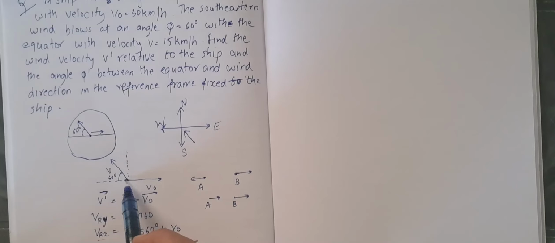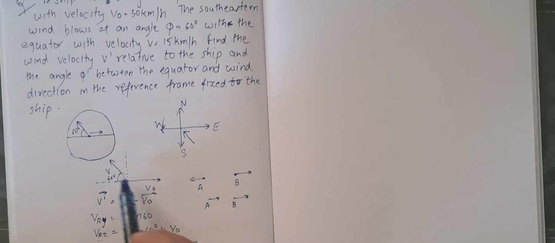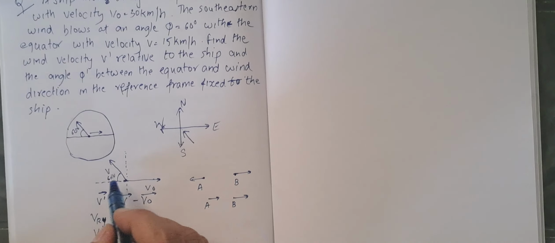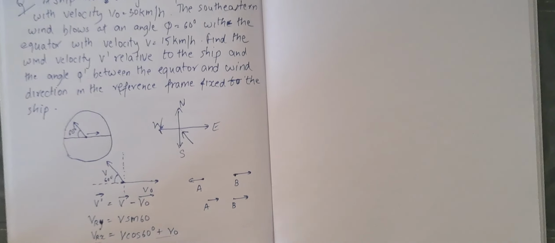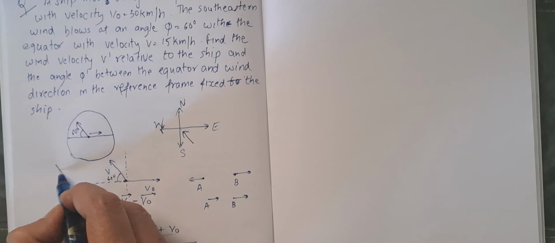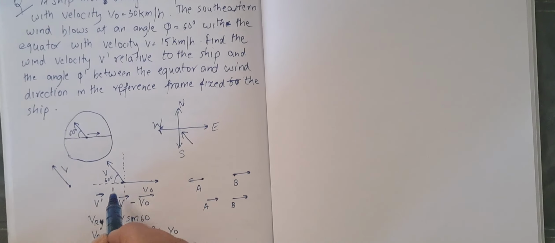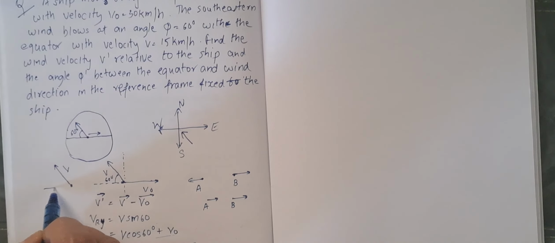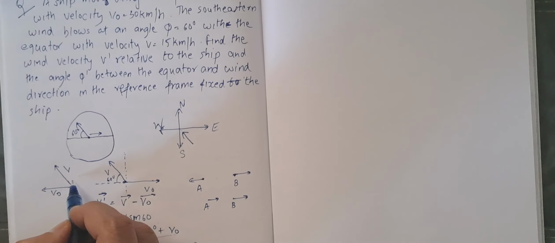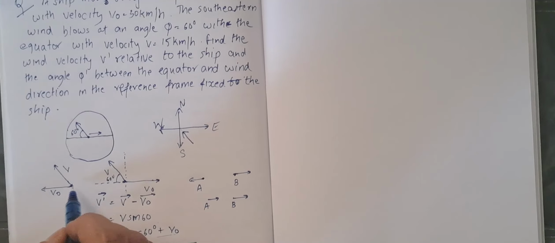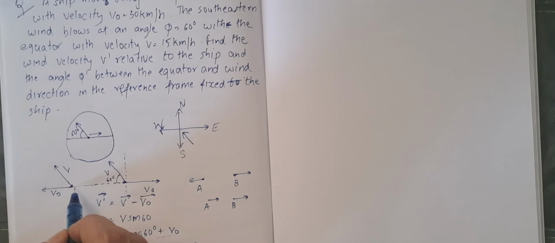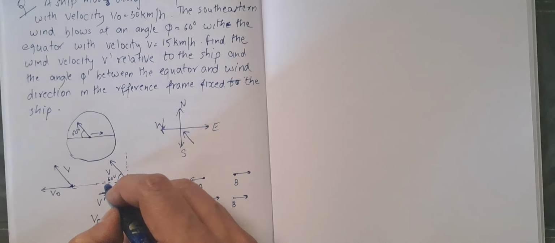Just turn the vector in the opposite direction. We can think of it like this. This V will be like this. Minus V naught will be like this. So V plus minus V naught, right? You can just shift the vector like this. So it will be something like this.